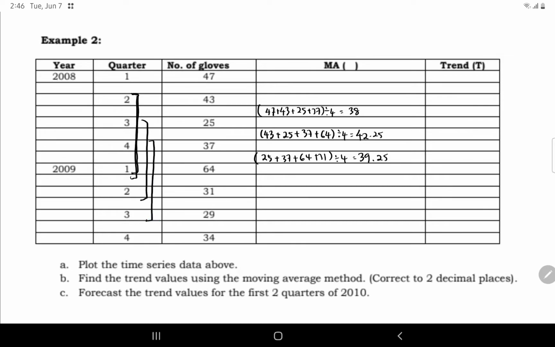And then kita ambil yang ni pula, 1, 2, 3, 4. So 37 plus 64 plus 31 plus 29 divide by 4.